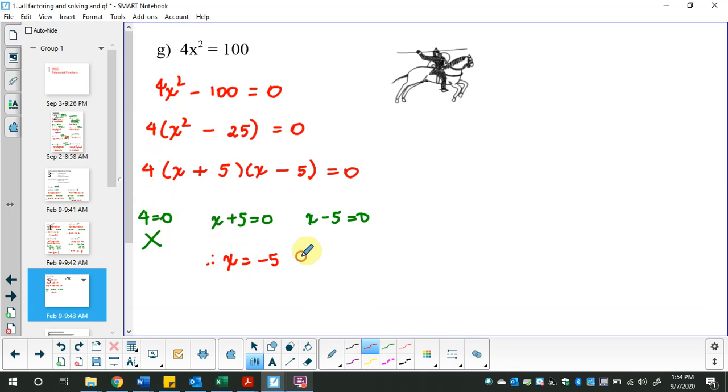It'll be a negative 5. And in the final part, you have x minus 5, so we're going to take it across the equal sign, and it'll be positive 5. So quadratic, not 3 answers, not even possible, 2 potential answers, and we actually got 2 actual answers. So now I'm going to do the question again. I'm going to do it in purple.